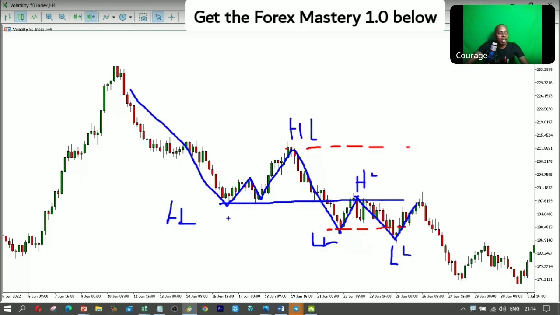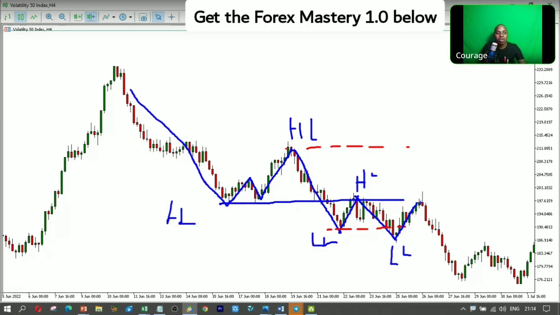So the market makes a lower low, a higher low, a lower low. My point is, you need to just mark out the recent lower highs and lower lows. If the market doesn't break past the higher low, the market is still in a downtrend. And if the market breaks past a lower low, that's when you confirm the continuation of that trend.